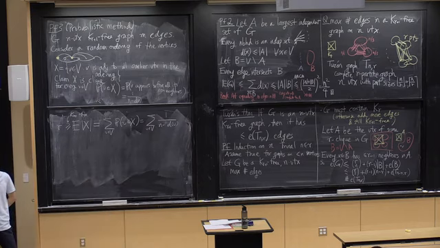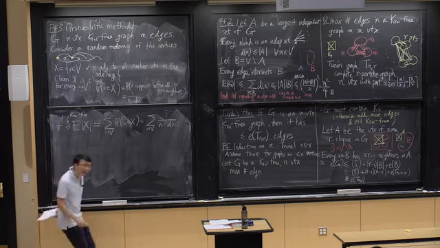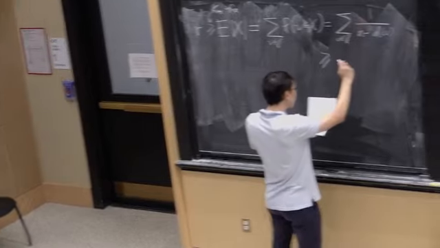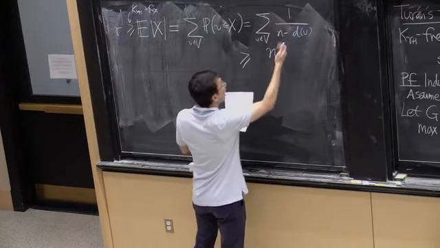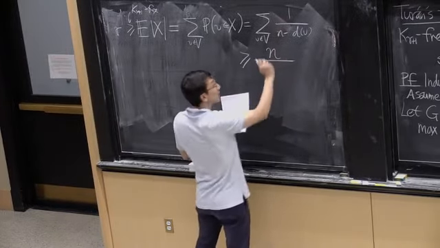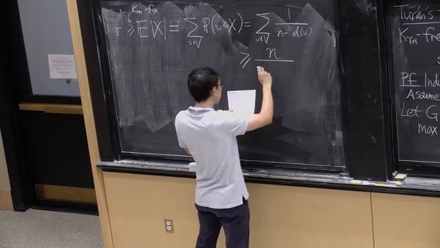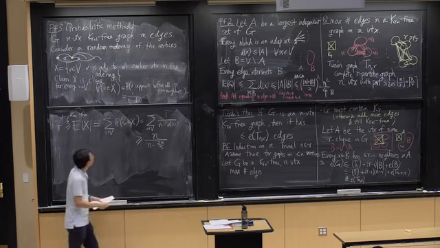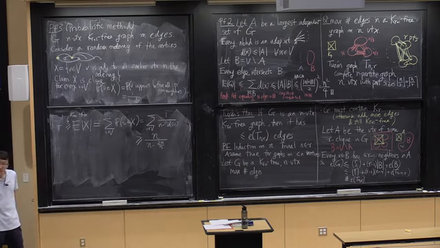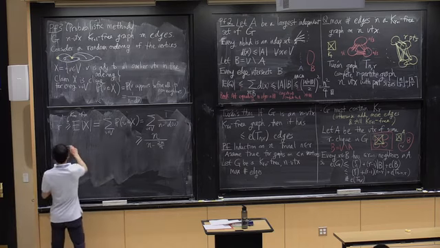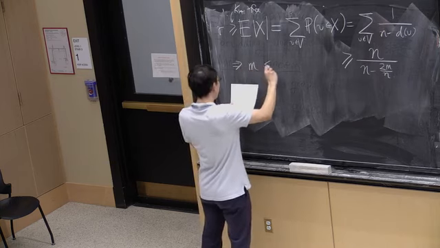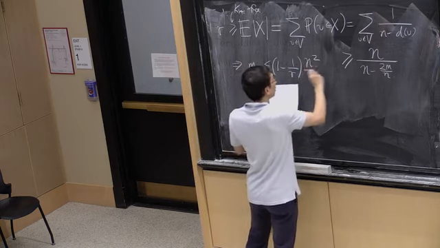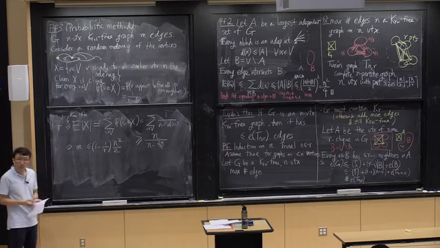Now, by convexity, I can conclude that this sum is at least the quantity that would have been obtained if all the degrees were equal to each other. And if you rearrange this inequality, we obtain that m is at most (1 minus 1 over r) times n squared over 2.